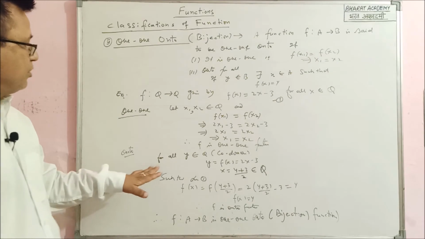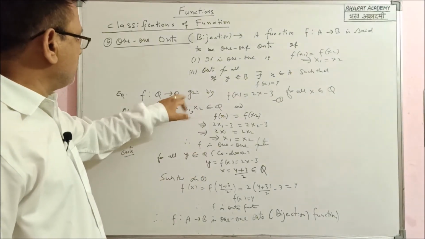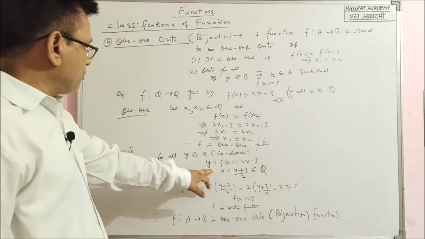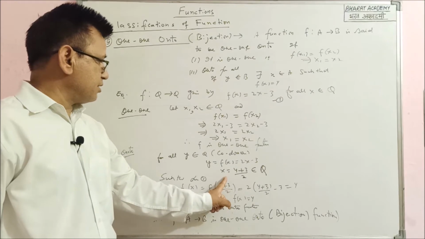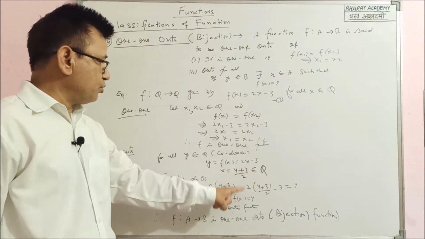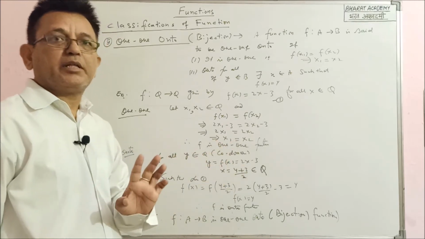And for onto, if y is taken as any element of the rational number codomain, then y equal to f(x) is 2x minus 3. From this, x is (y plus 3) by 2. If y is a rational number, then (y plus 3) by 2 is again a rational number.